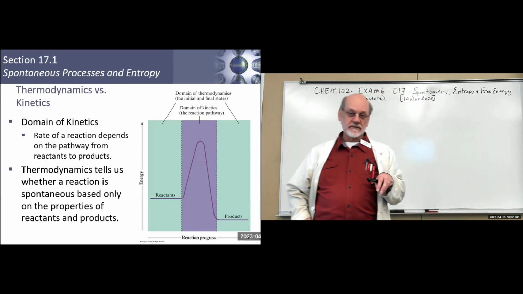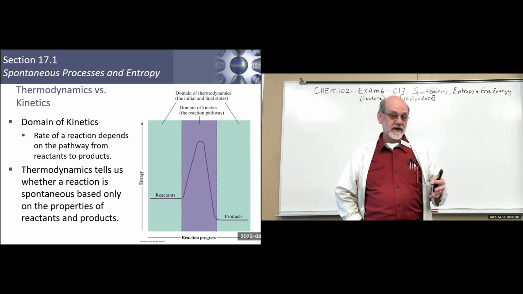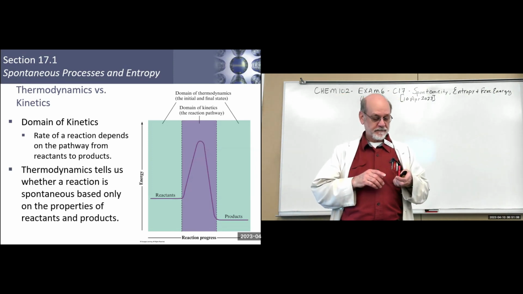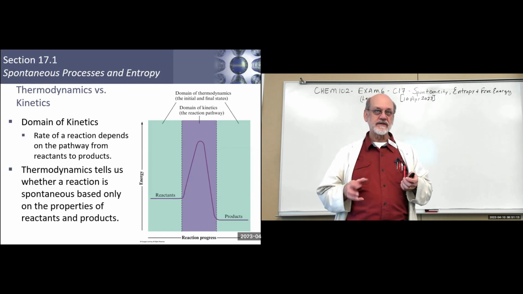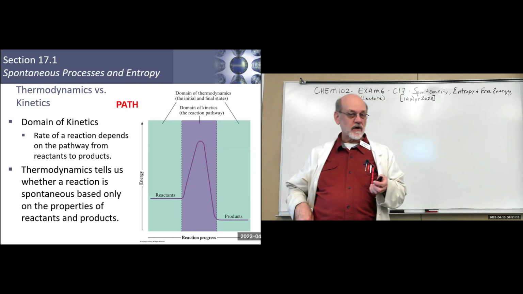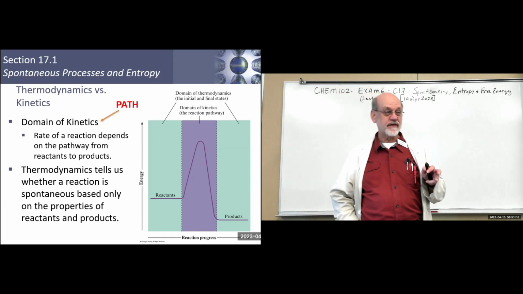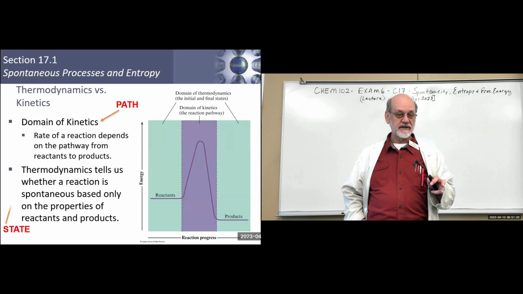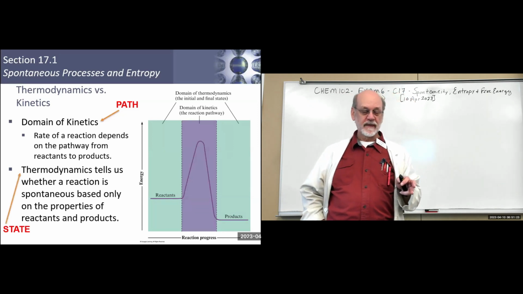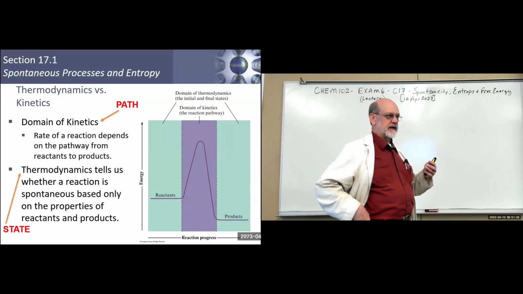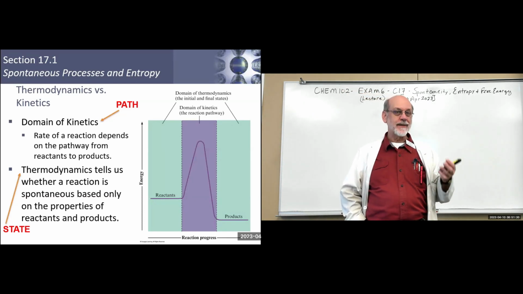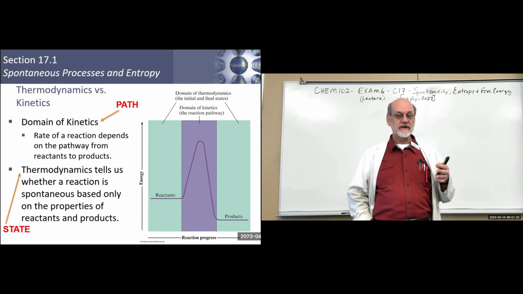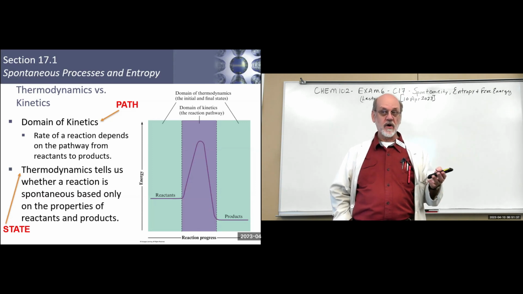Okay, so to say again what I said, kinetics has to do with reaction rates. Thermodynamics is an equilibrium situation. So we're talking about a path function for kinetics and a state function for thermodynamics. Just to illustrate, we know that diamond is a thermodynamically unstable allotrope of carbon.